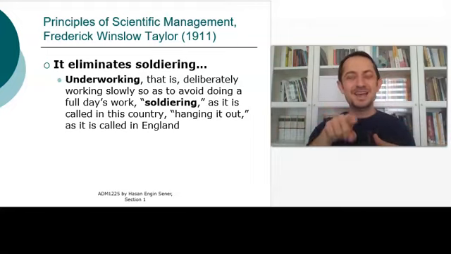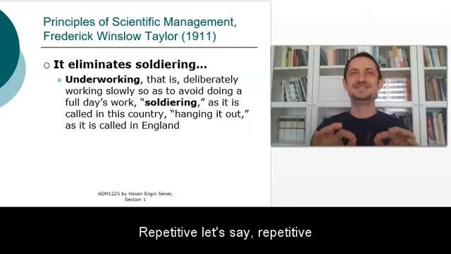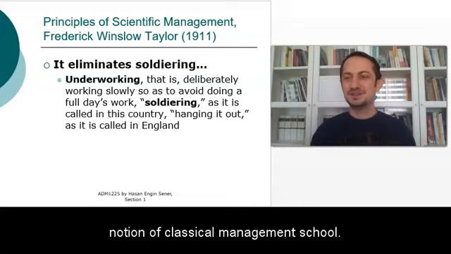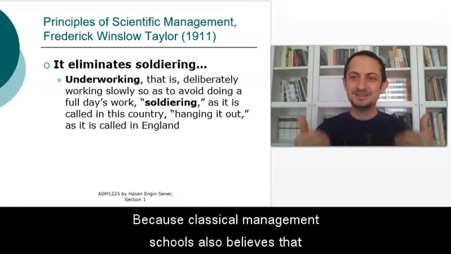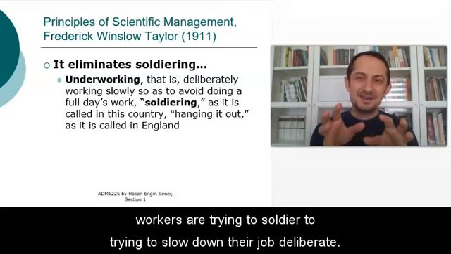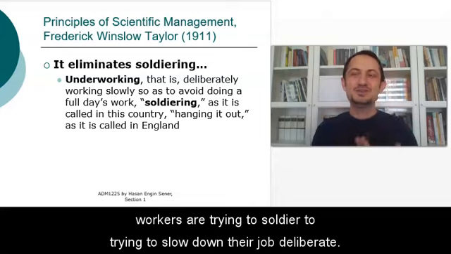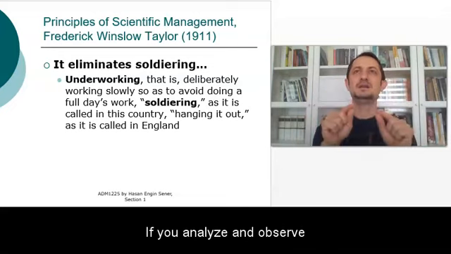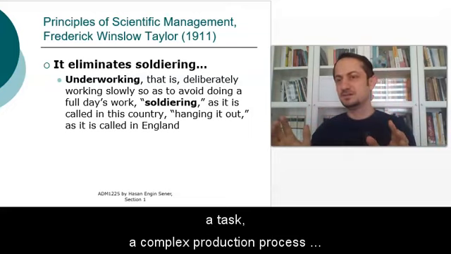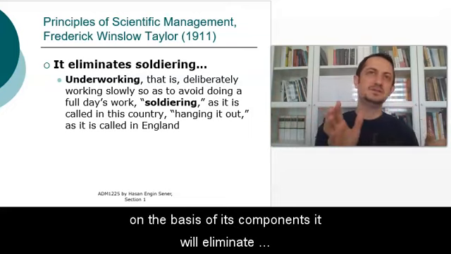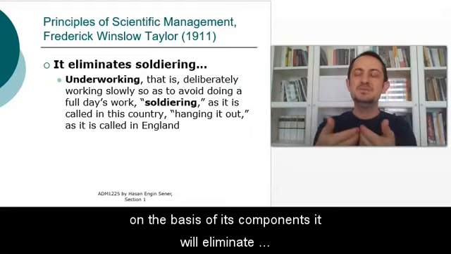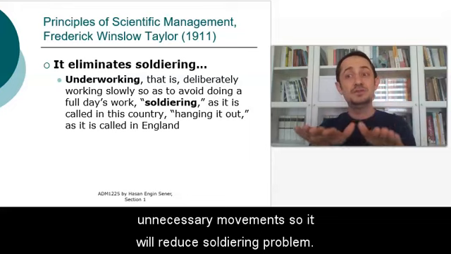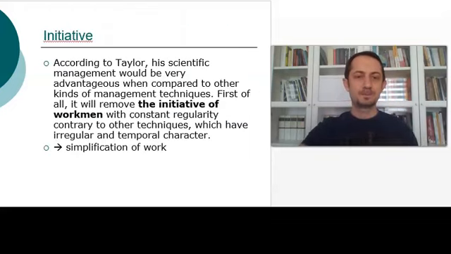So this is a repetitive, let's say, notion of classical management school, because classical management school also believes that workers are trying to soldier, so trying to slow down their job deliberately. So that's why if you analyze and observe a task, a complex production process on the basis of its components, it will eliminate unnecessary movements, so it will reduce soldiering problem.